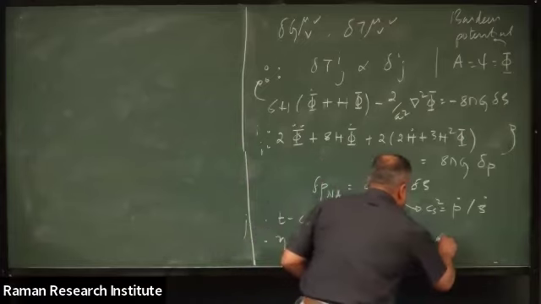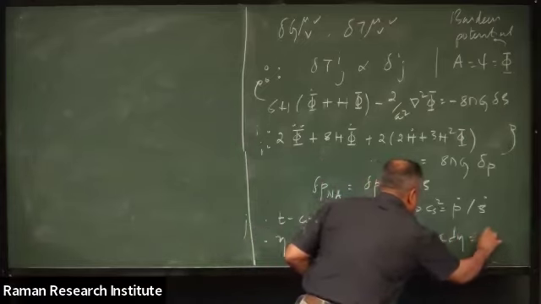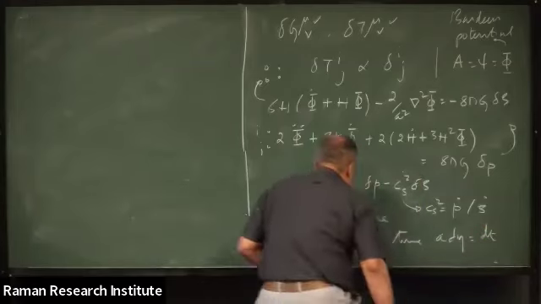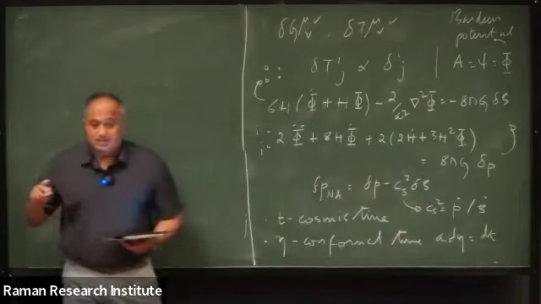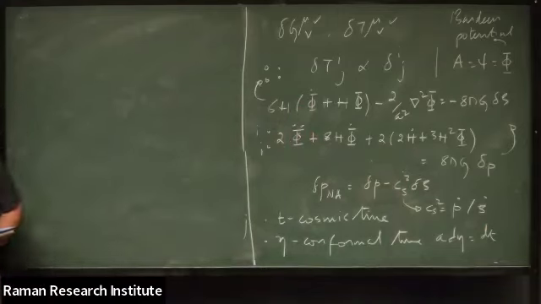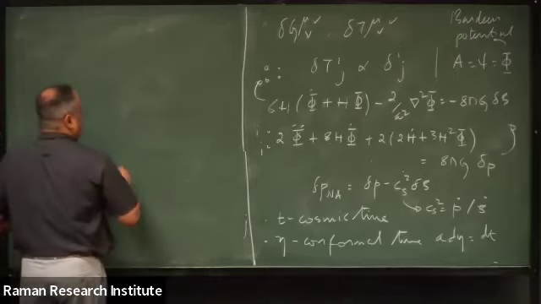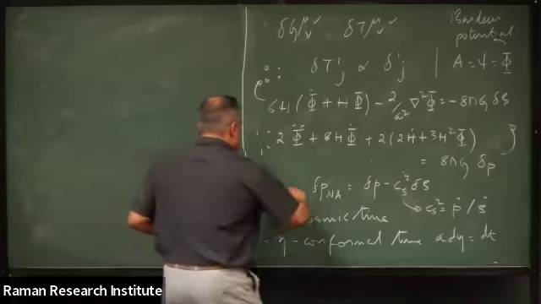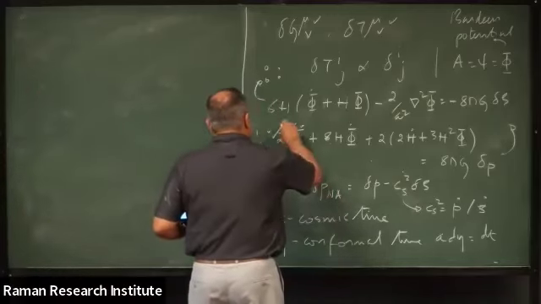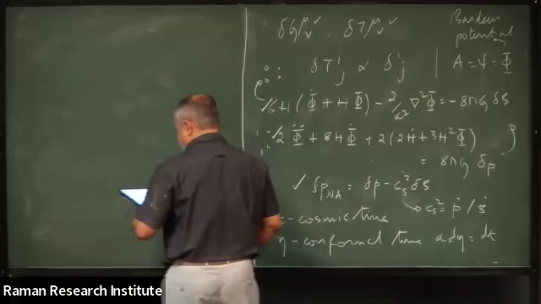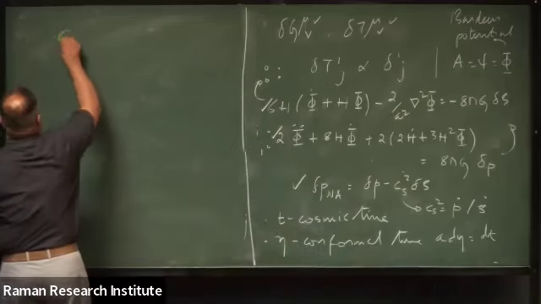And remember, a d eta is dt. And hereafter, the primes that you will encounter that I will write down represent differentiation with respect to this conformal time coordinate. So combining these two and using this relation, this equation, and this relation, you can arrive at this equation.